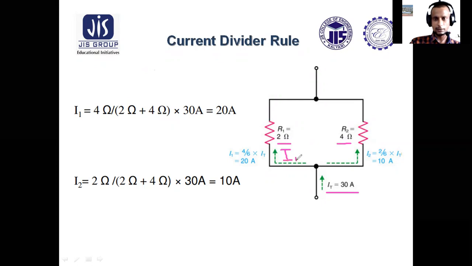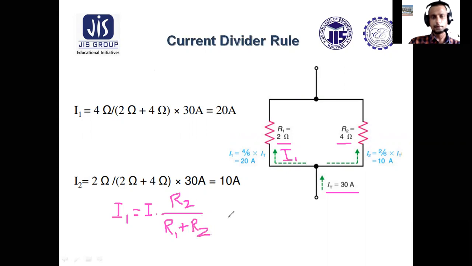So the formula for I1 equals I into R2 divided by R1 plus R2.